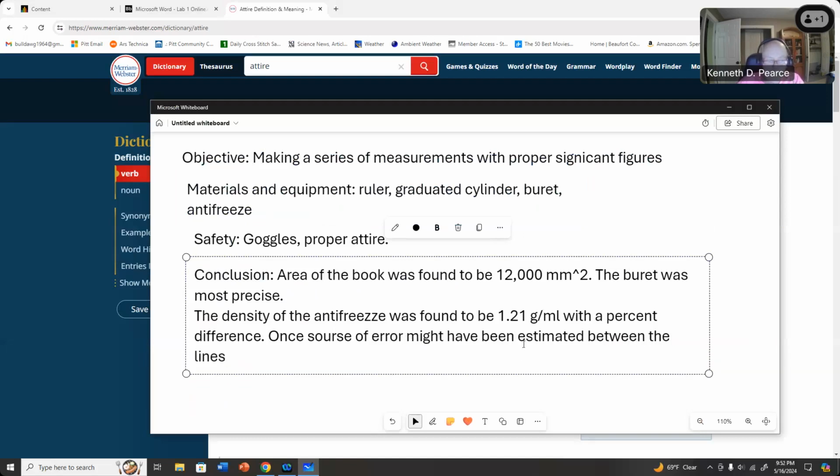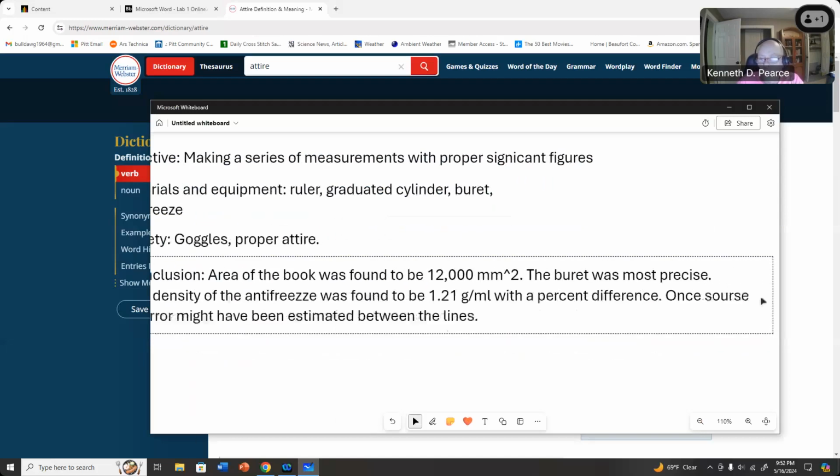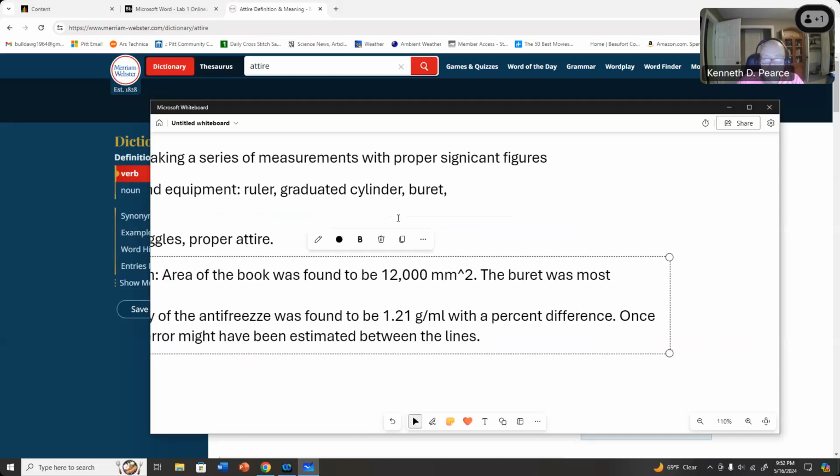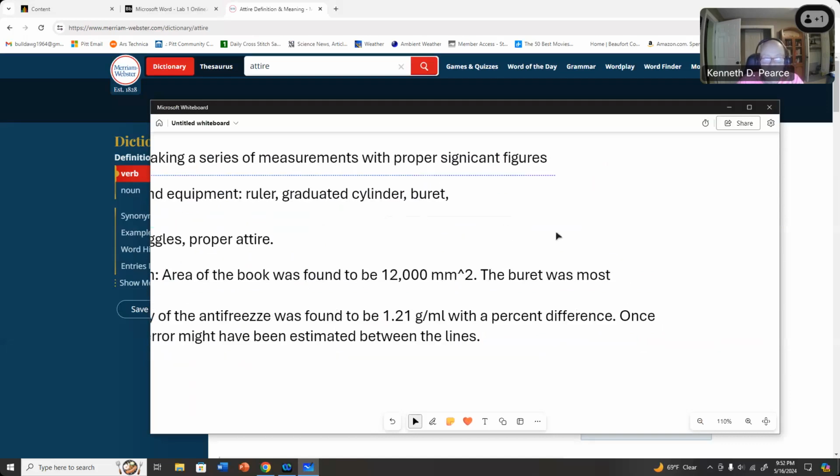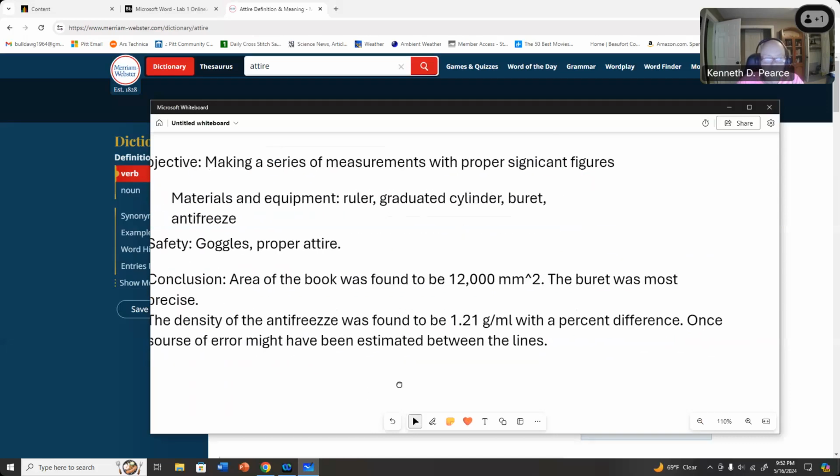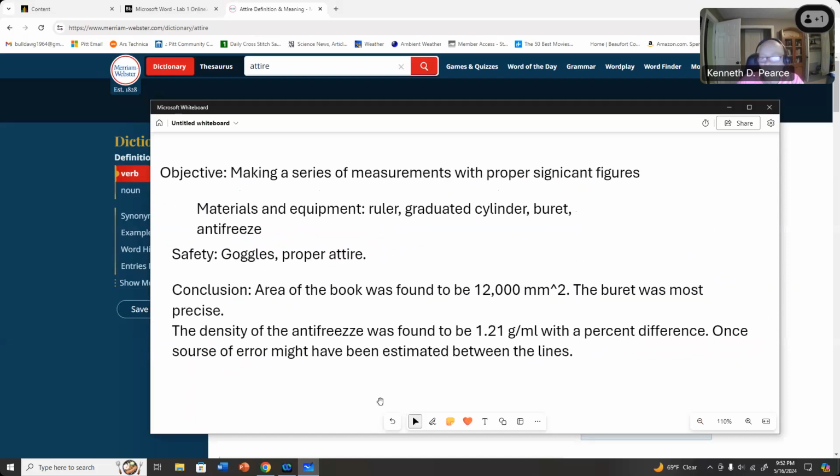Okay, and now what you don't want to do for error is say human nature. That's just saying you have no idea. When we say error, we want to come up with something that's a little bit reasonable. So we got conclusion, area of the book, the burette, the density, the antifreeze.